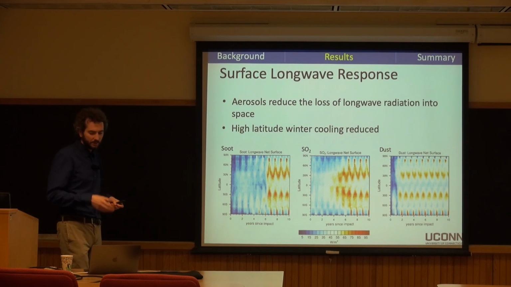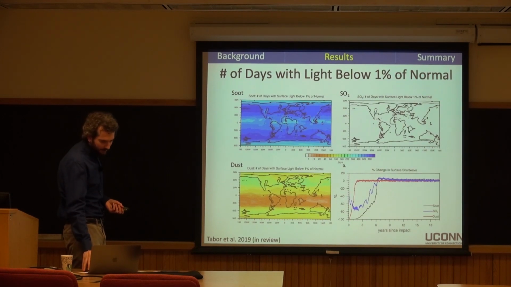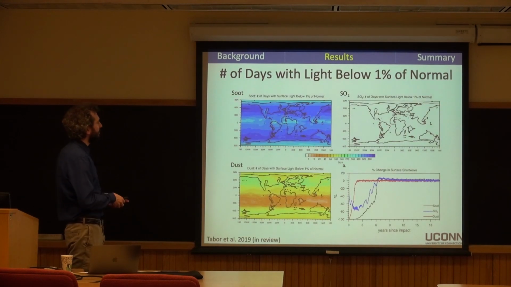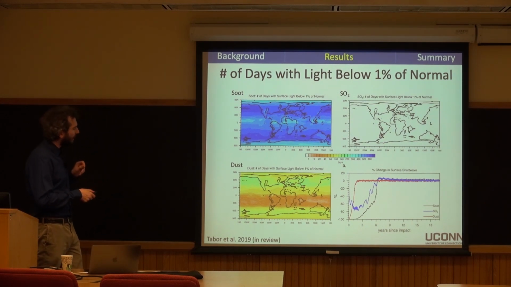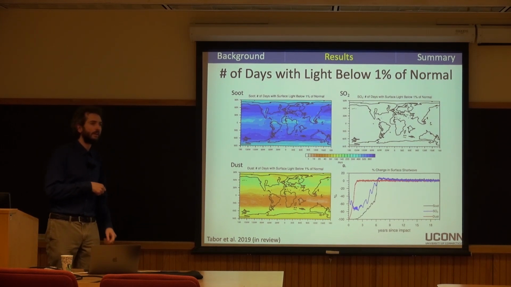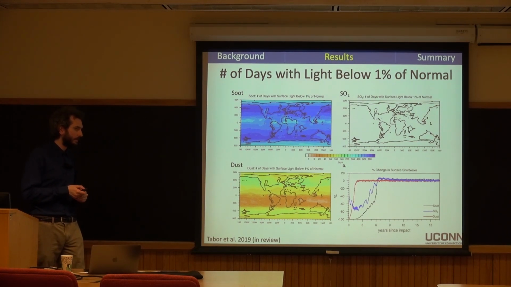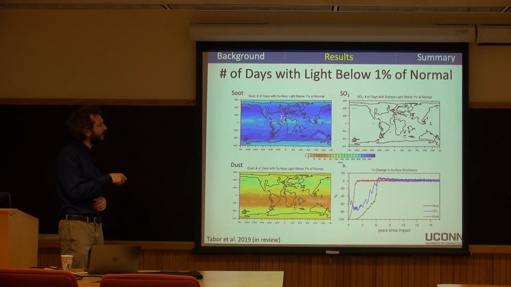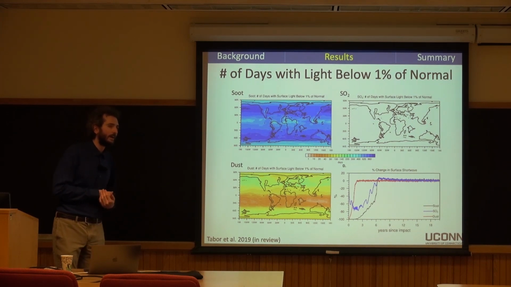If we look at the response, I don't unfortunately have it here, or how long it takes for certain things to recover. We breached that 1% photosynthetic threshold in the low latitudes first, but then there's a more rapid recovery in the high latitudes.